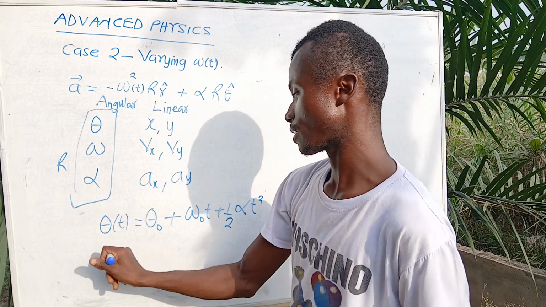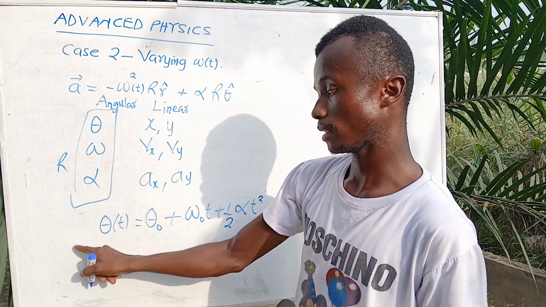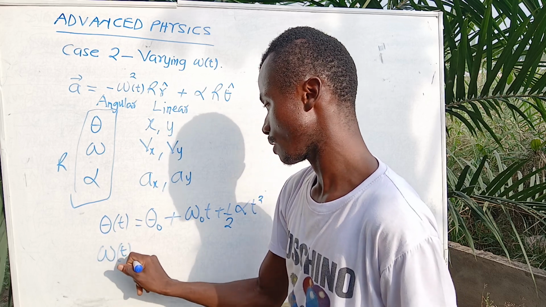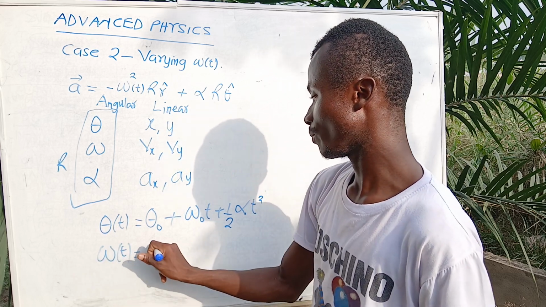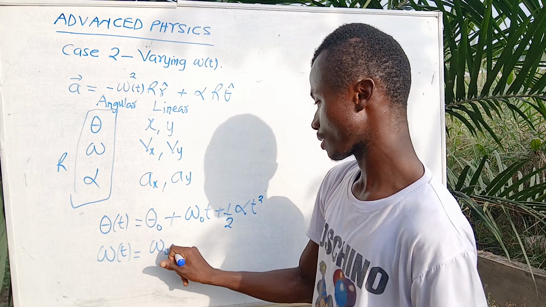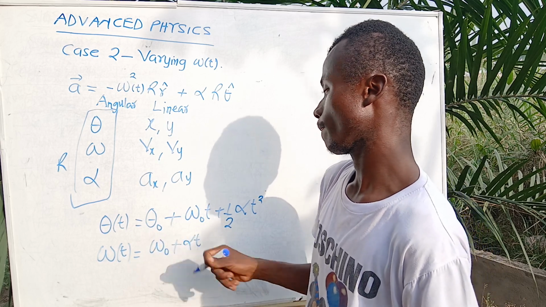The second equation is the derivative of this one. The derivative of this is omega, which is a function of t, equal to omega naught plus alpha t.